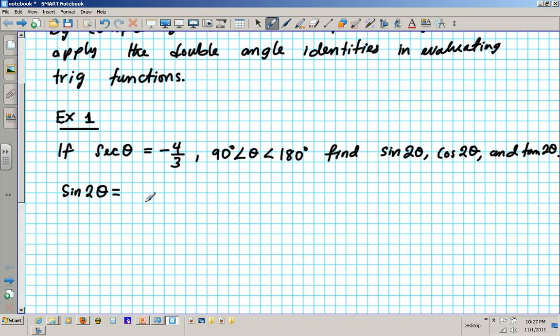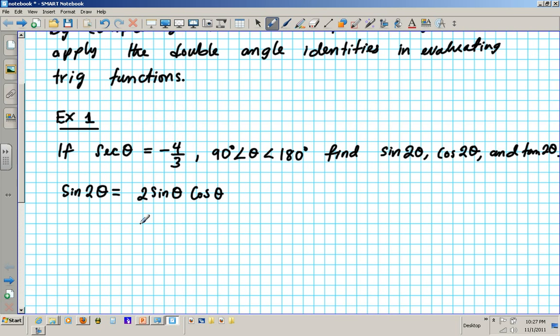If you look at your double angle identities, the sixth box, you will notice that sine 2 theta is 2 sine theta cosine theta. This is the only option for sine, as opposed to cosine, which has 3 options. So this is what we need. We need sine and cosine.